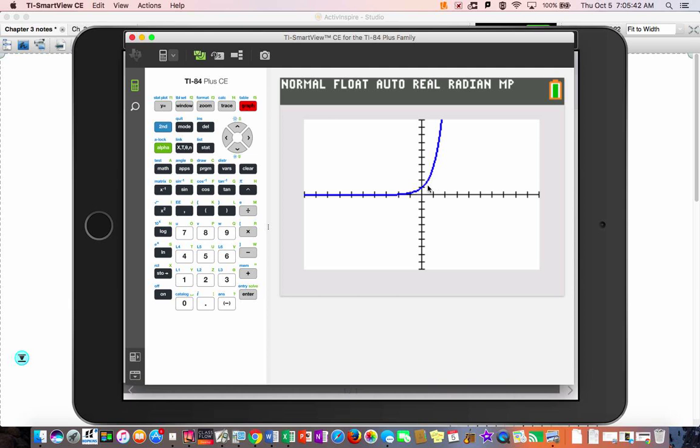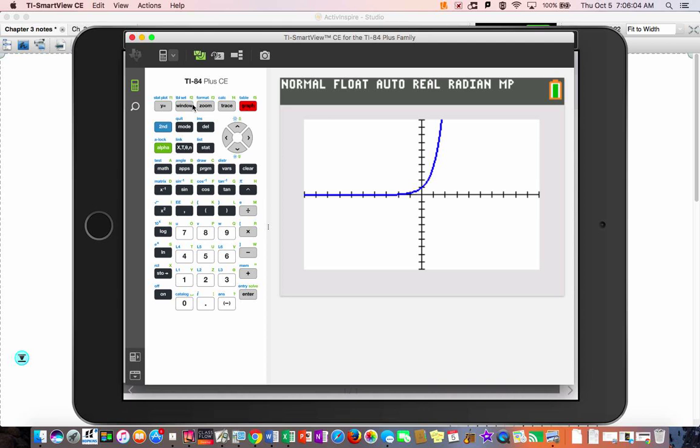And so you'll notice it hits 0, 1 as the intercept again. So all basic exponential graphs have a y-intercept of 0, 1. They will go up and to the right at a quick rate, and it'll go against the x-axis here very quickly.